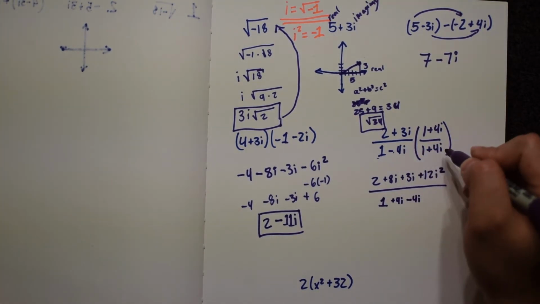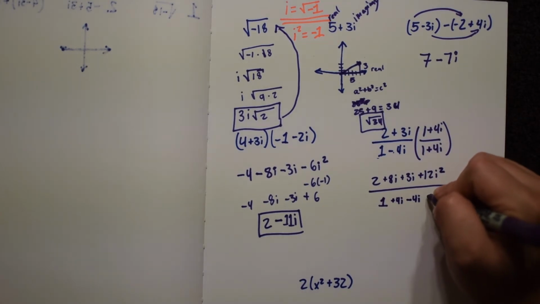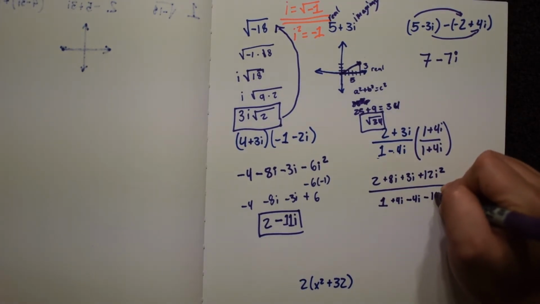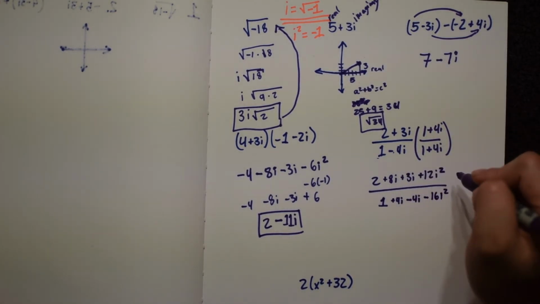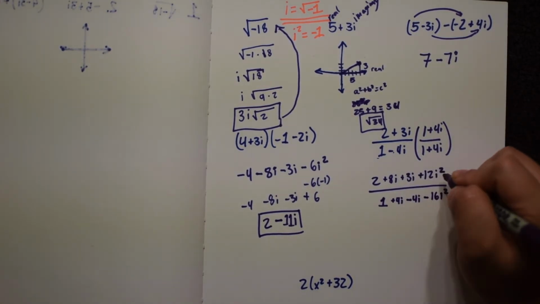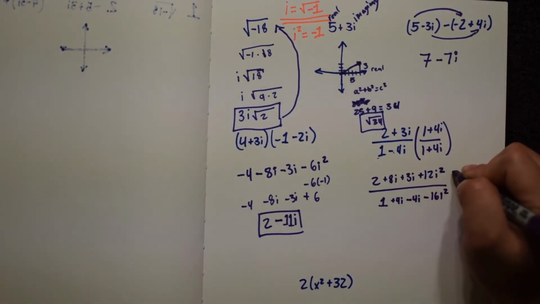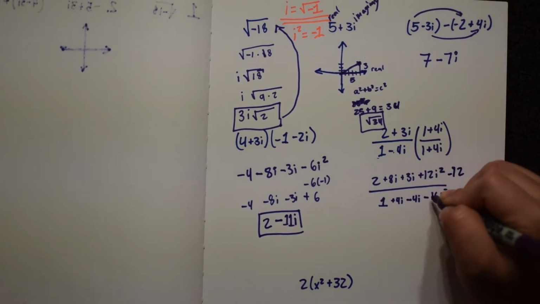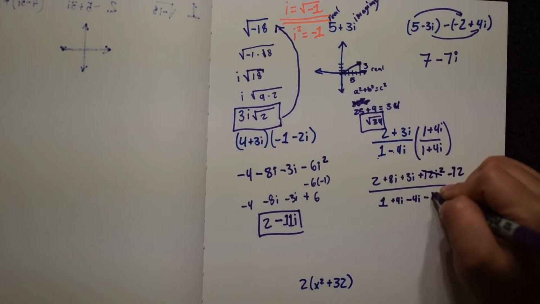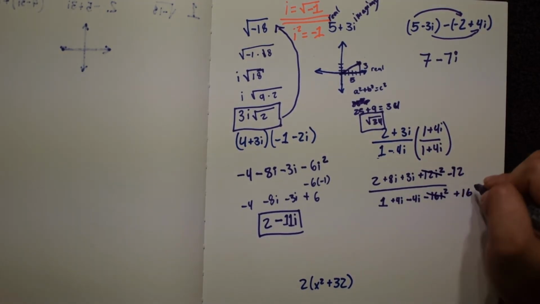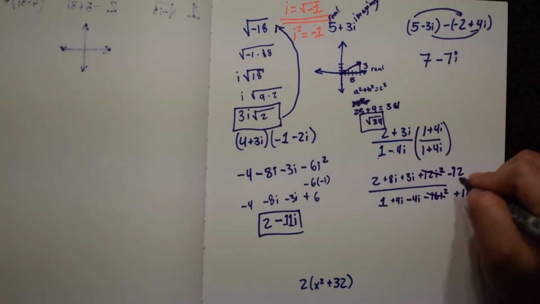And negative 4i times positive 4i will give us negative 16i squared. We can go ahead and simplify this: 12i squared is actually going to be just minus 12, and this is actually going to be plus 16. So we have these new values for this equation.